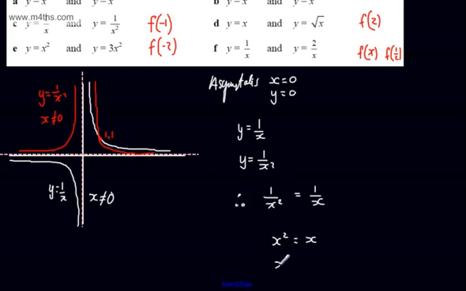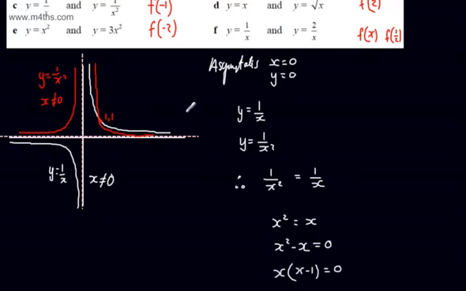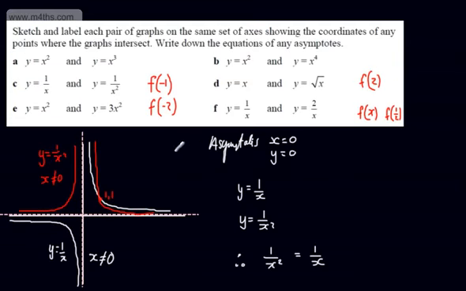Subtracting x from both sides, x squared minus x is equal to 0. And factoring, we've got x times x minus 1 is equal to 0. So either x is equal to 0, and we know it can't equal 0, therefore we've got x is equal to 1. And we could sub that in and show that the y coordinate is 1. So nice and logical, nice and straightforward.